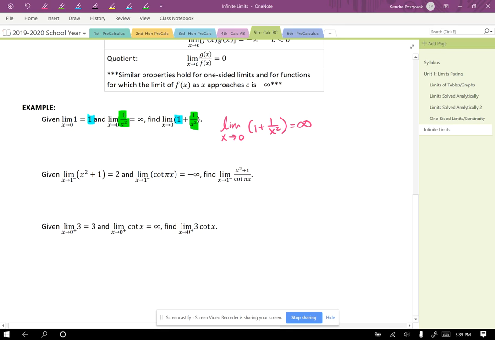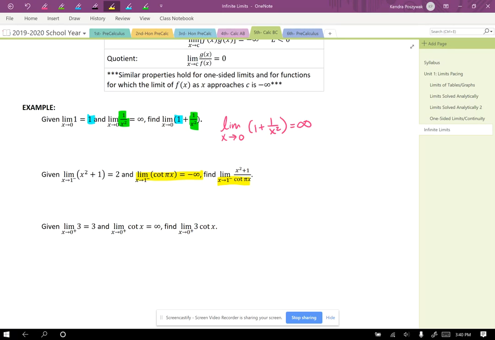Which property do you think we will be using for this one? If we use the quotient property, notice that in the denominator is where we've got our infinite amount, but it's negative this time. In the quotient property it's positive in our example, but this one is negative. Does that actually affect the value?